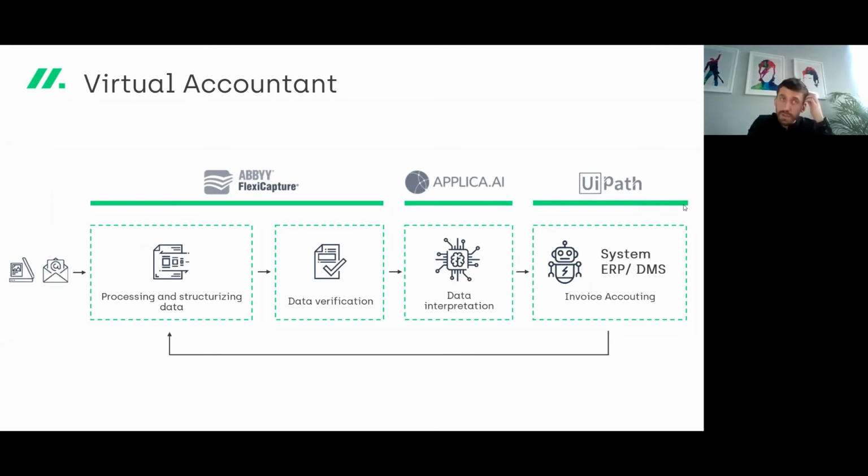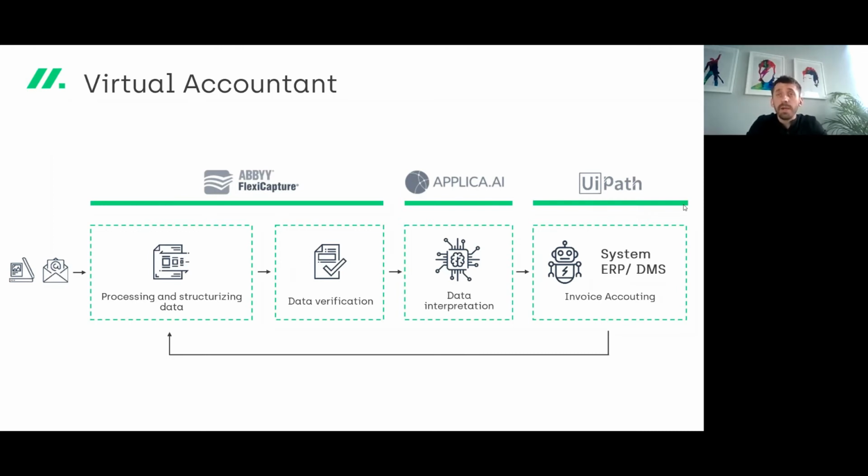But I will tell you about this case based on ABBYY FlexiCapture. So for the OCR, we are using ABBYY FlexiCapture. Then for machine learning models, we are using an external service called Applica AI, and as a robot we are using the UiPath software.